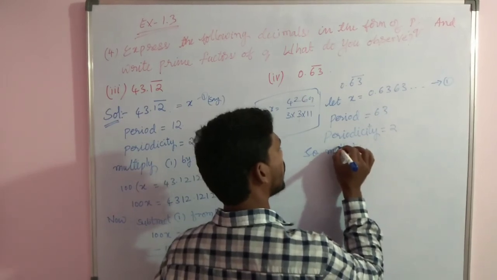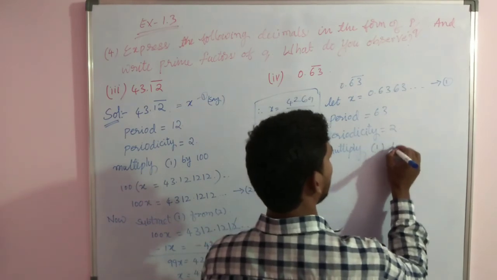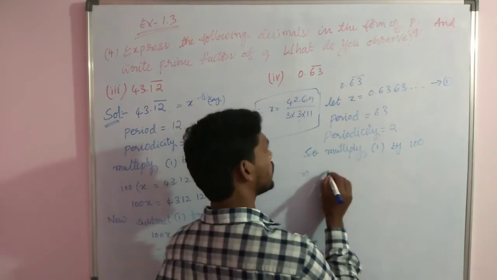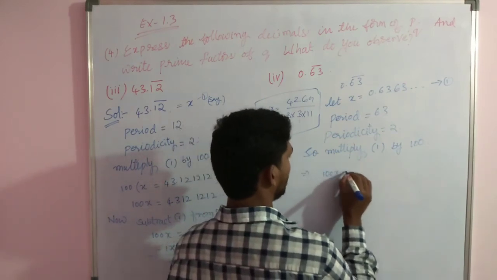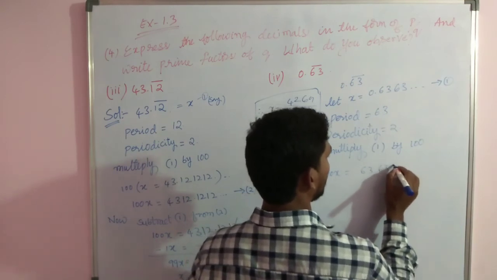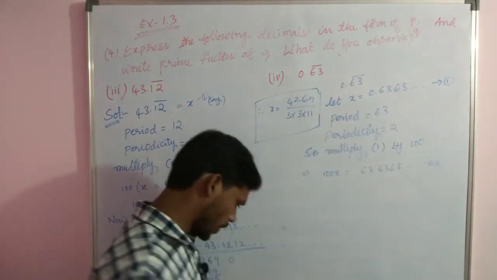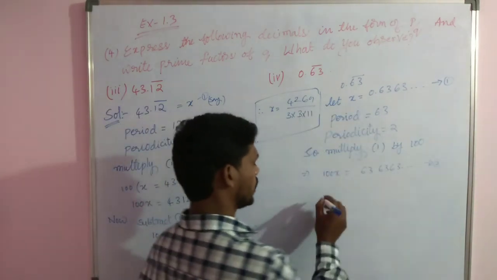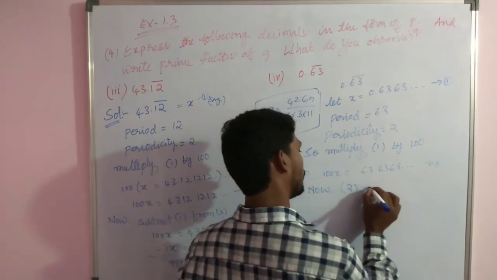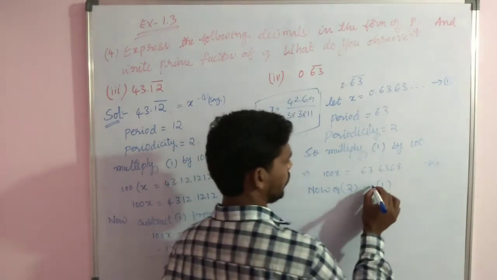Multiply the equation by 100. That becomes 100x is equal to 63.6363 and so on. Equation number 2. Now equation number 2 minus equation number 1. Equation number 2 is 100x equal to 63.6363 and so on.